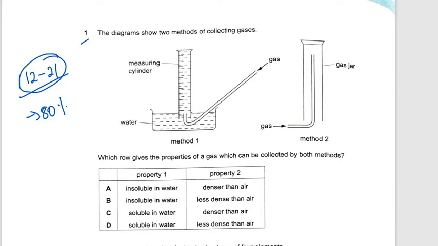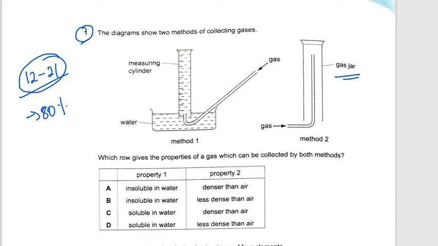Question number 1 is saying that diagrams of the two methods of collecting gas. As you can see here, it is water, so it is the water displacement method. If you remember, there are three different ways of collecting gas: water displacement method, downward delivery method, and upward delivery method.